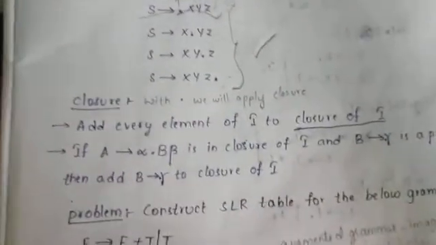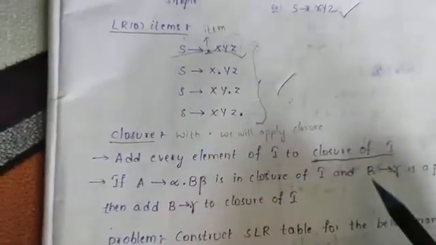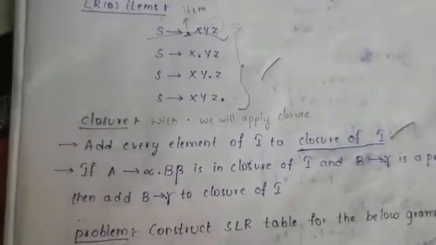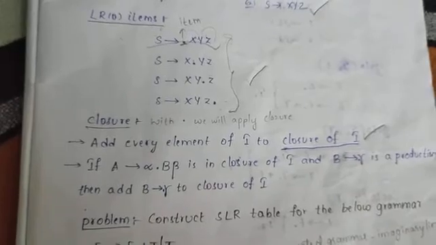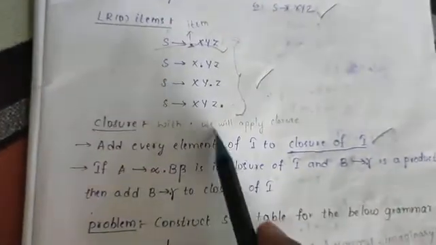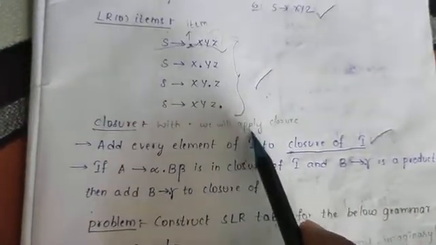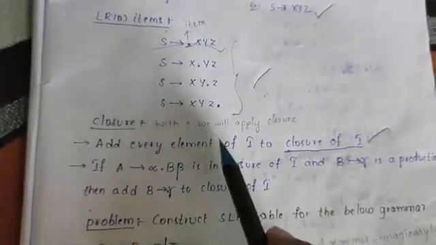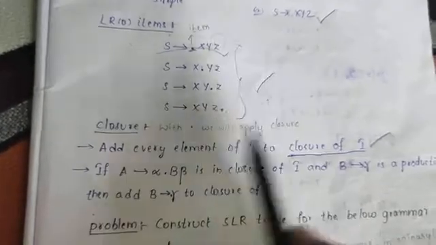Okay, next, one more important point is the closure property. The closure property means that all the dot-related items come together into one set, called the closure.